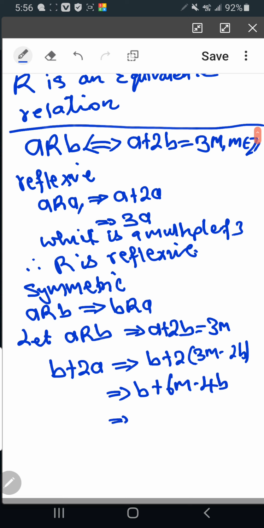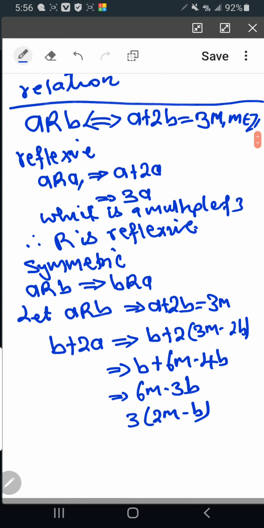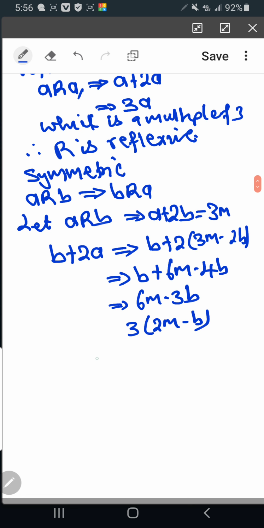And this will give us 6m minus 3b, which is 3 times (2m minus b). And we can write this as 3k, where k is 2m minus b.